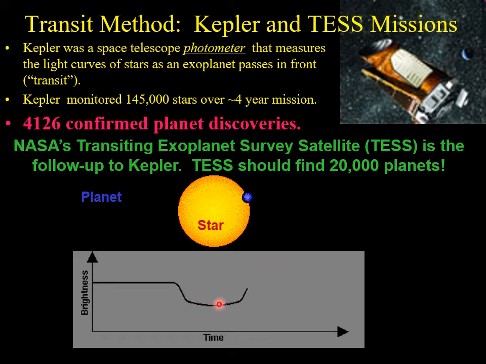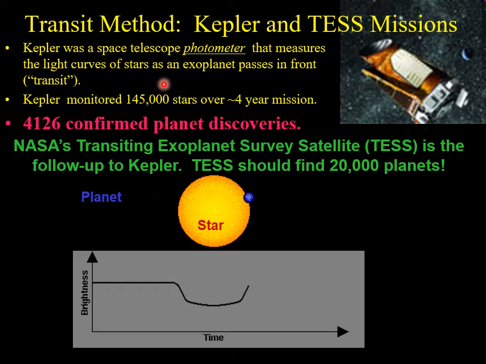So there's a tiny little dip in the intensity of the brightness of the star here, and it's a very tiny amount. It's a tiny fraction of a percent, so this is not something that could be seen with our human eyes, but by using very sensitive instruments called a photometer, which measures the amount of light, it can detect these little blips.